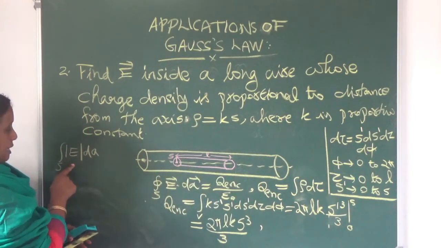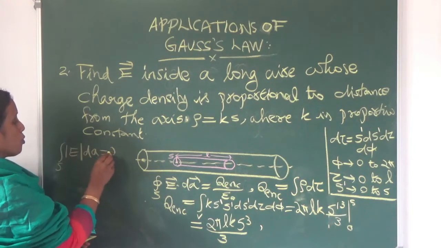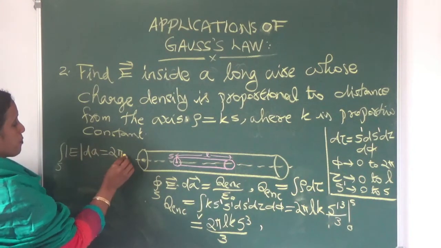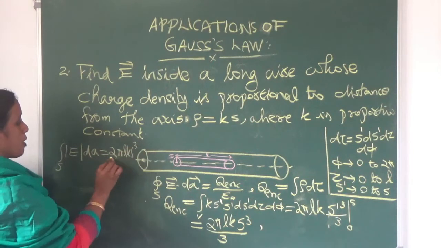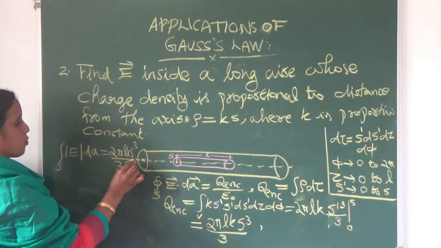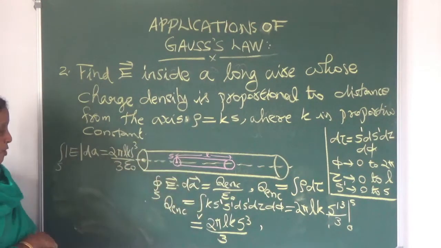So you get like this. This is equal to 2 pi L K S cube by 3 epsilon 0, because Q enclosed by epsilon 0.